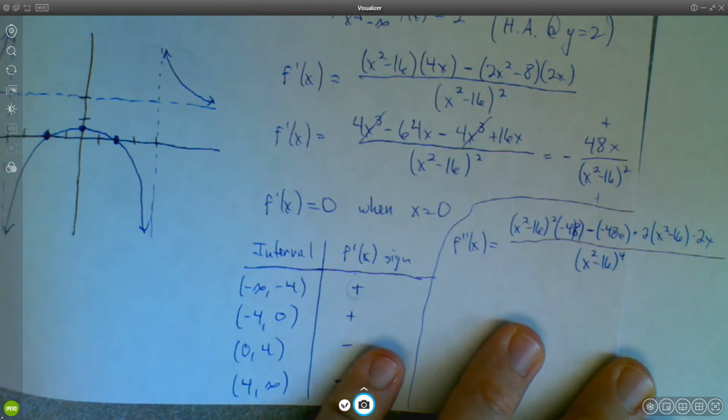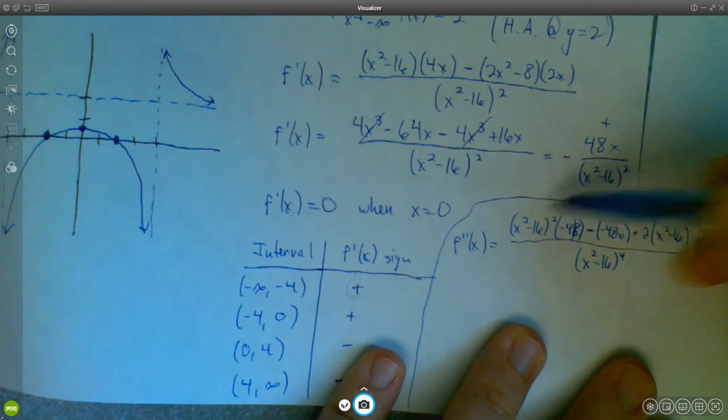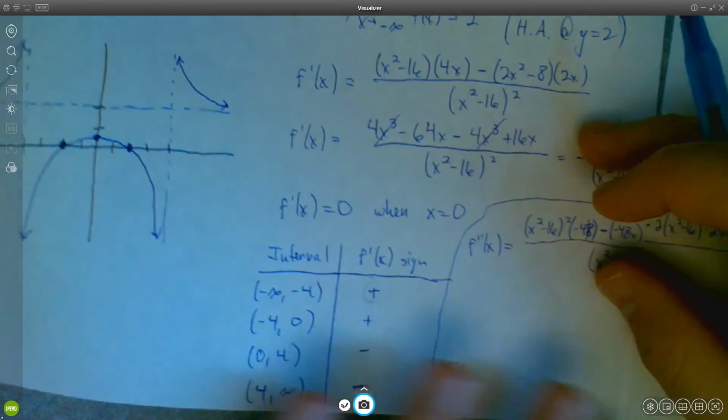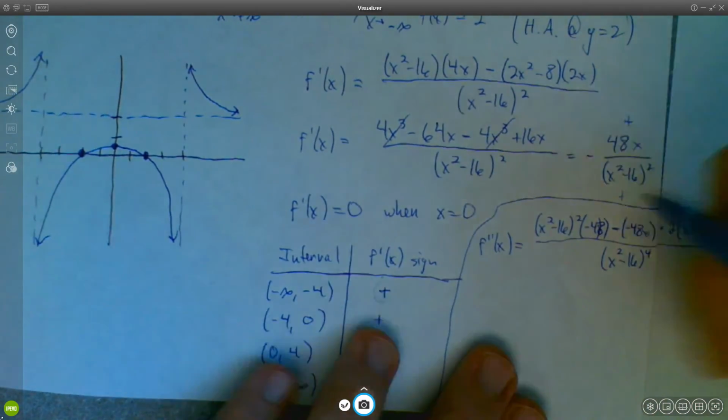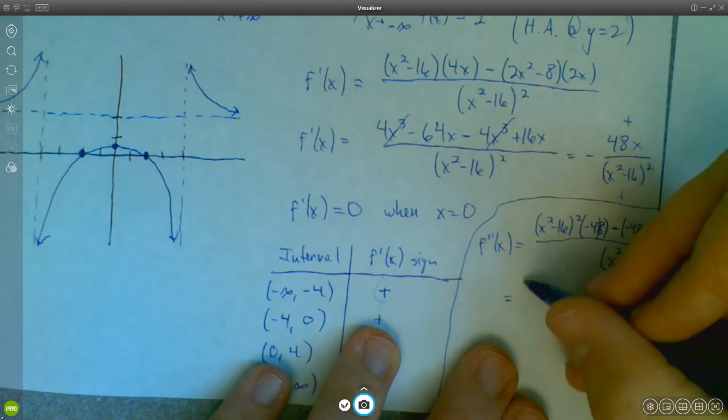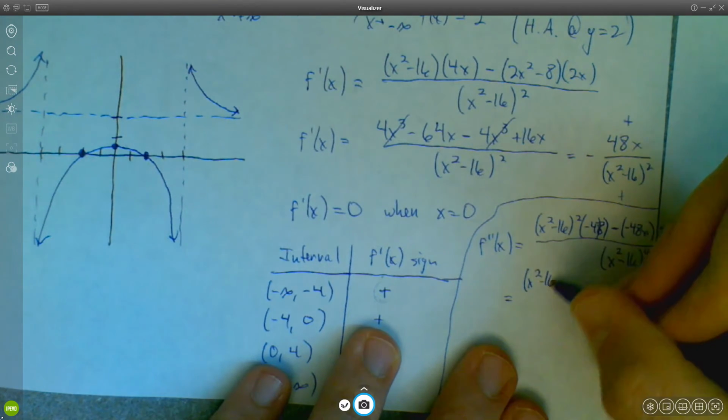So there's f double prime. Man, I wonder how this thing cleans up. I can at least factor out an x squared minus 16. That'll make things a little bit easier in the numerator there. So I'm going to factor out an x squared minus 16.